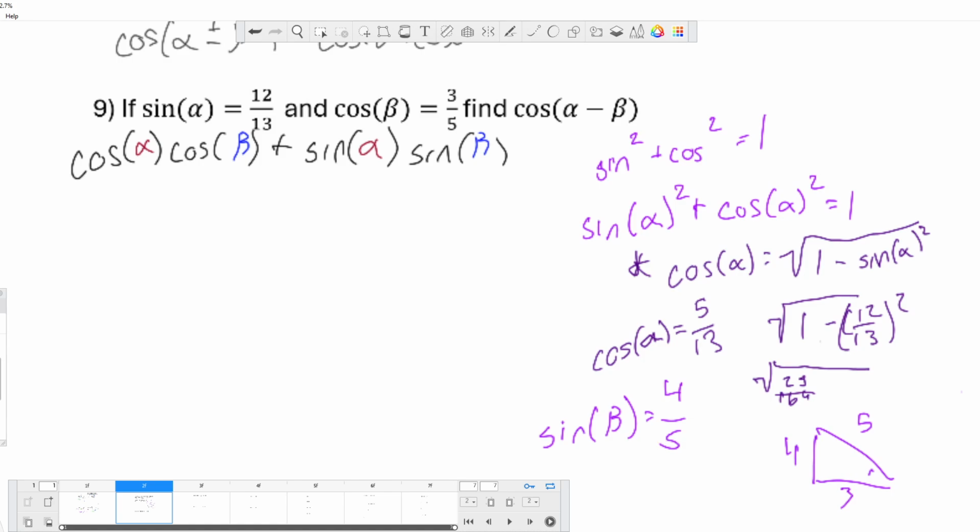All right, so now we have all the pieces we need to plug all this in. We have cosine of alpha, which is over here in this dark purple. Cosine of beta was one of the givens.